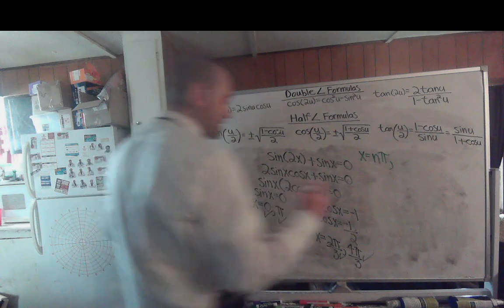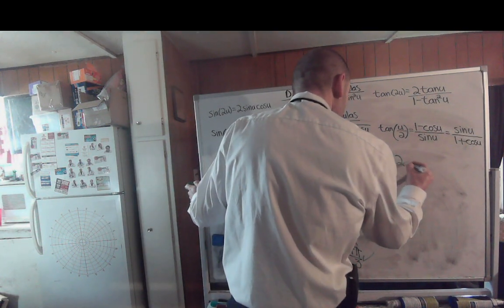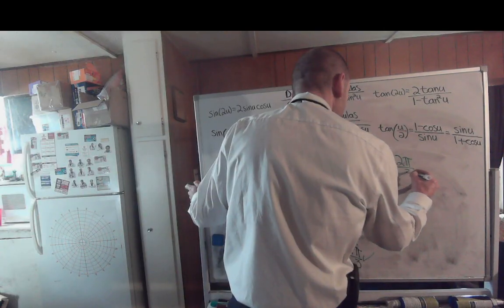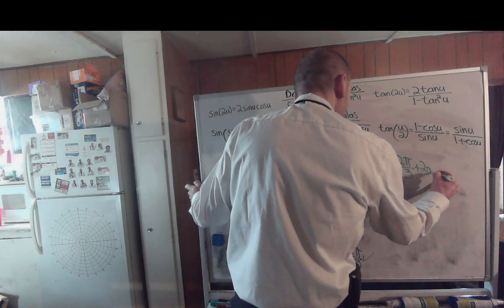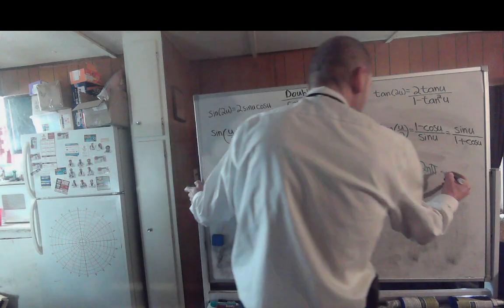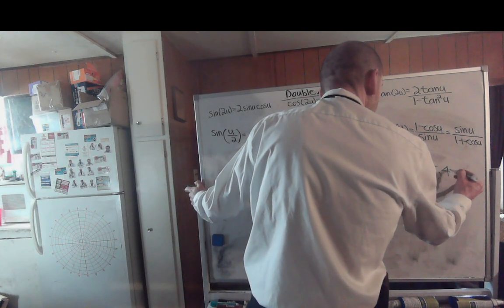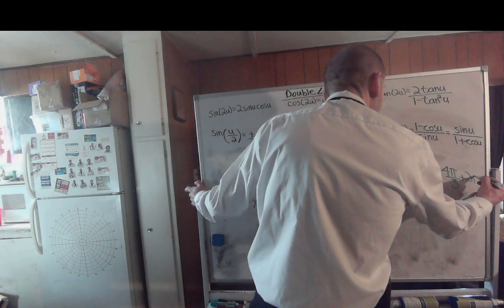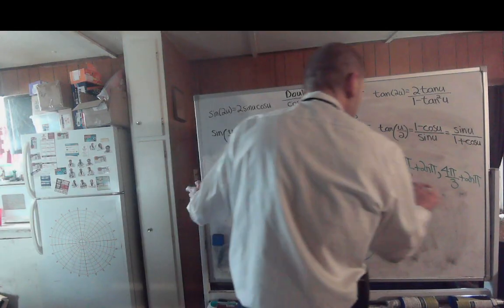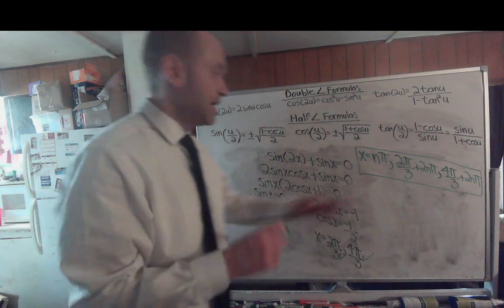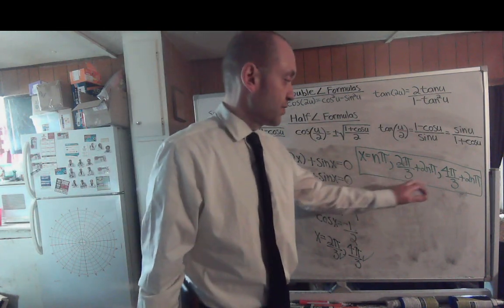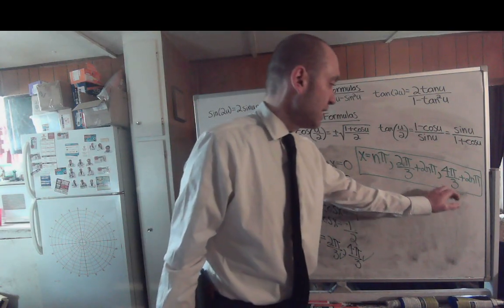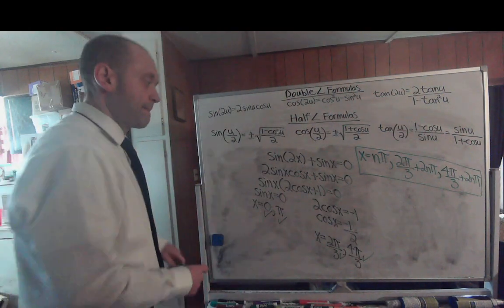You're also going to get 2 pi over 3 plus 2n pi, because the sine is periodic for 2 pi. You also get 4 pi over 3 plus 2n pi. So your three solutions in general form for this trig equation are going to be n pi, 2 pi over 3 plus 2n pi, and 4 pi over 3 plus 2n pi.